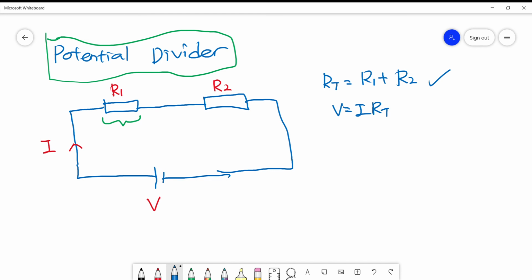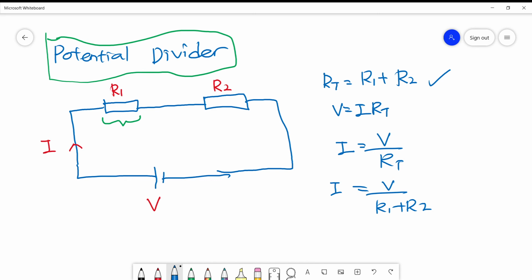RT means the total resistor. So I, which is moving inside this circuit, equals V over RT. So this is V over R1 plus R2. So my I is actually equal to V over R1 plus R2.